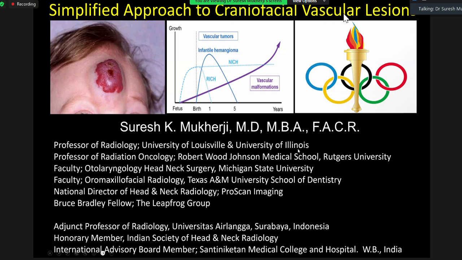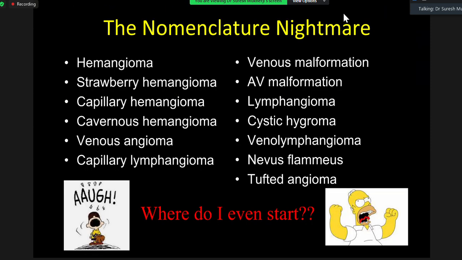What we're going to do is talk about a simplified approach to craniofacial vascular malformations. And the challenge that we run into, and I've seen this over the last 30 years, is what I refer to as the nomenclature nightmare. When you are looking at these various vascular malformations, there are so many terms that have been used over the last 30 years, even longer than that, and it still gets confused now.